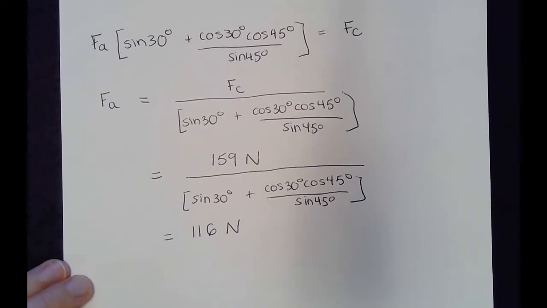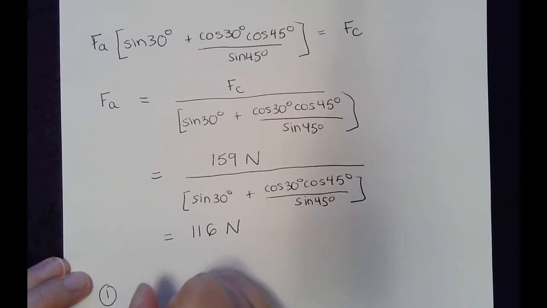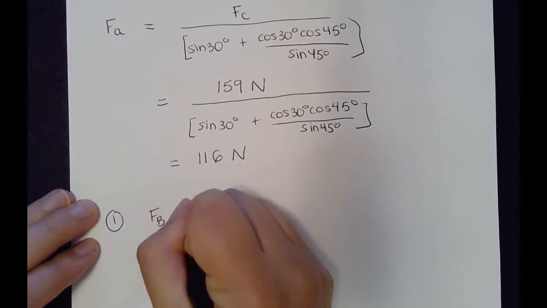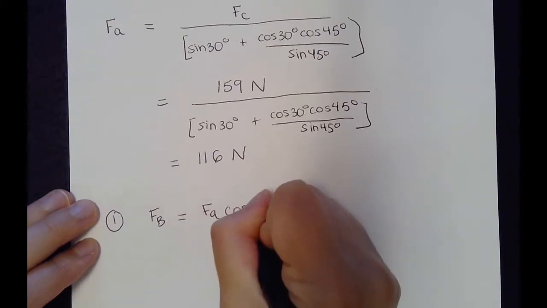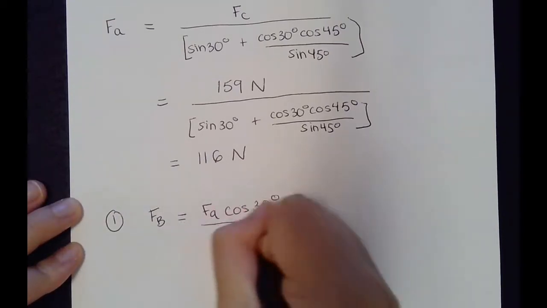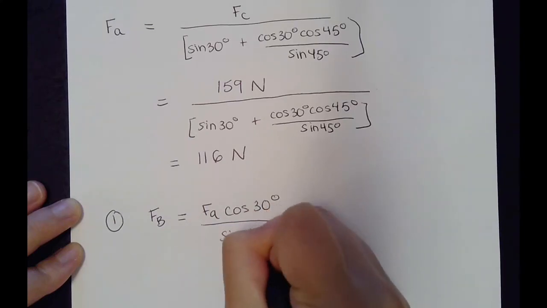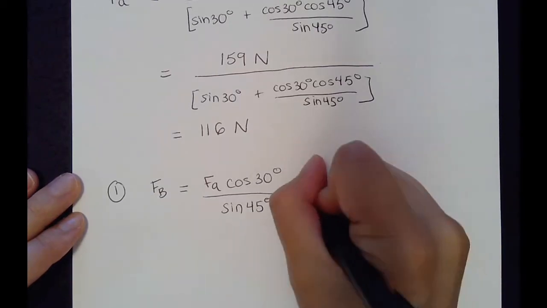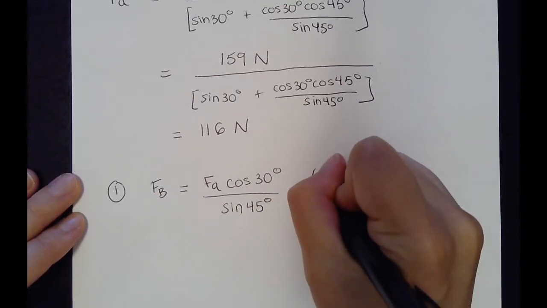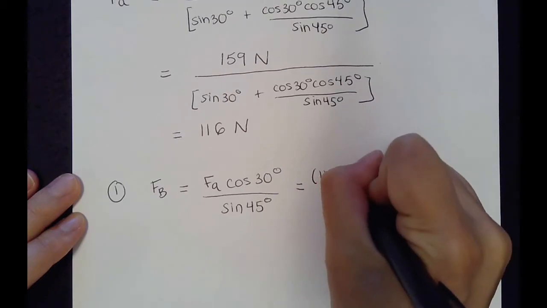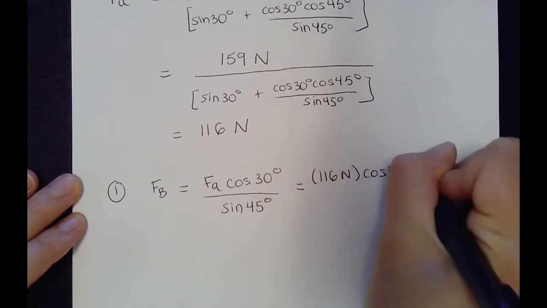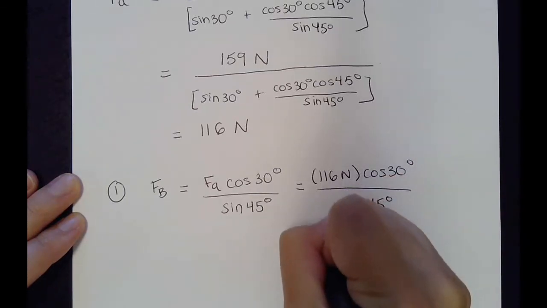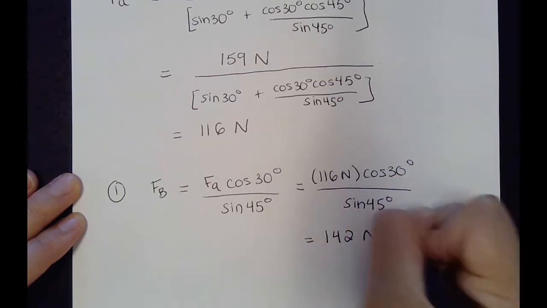Now that that's done, we already arranged, if you remember from equation 1, we had already isolated for fb. We found that fb equaled fa cos 30 over sine 45. So now that we have one unknown, we can just go back and plug in for the second unknown. So that's going to be 116 newtons cos 30 over sine 45, which is 142 newtons.